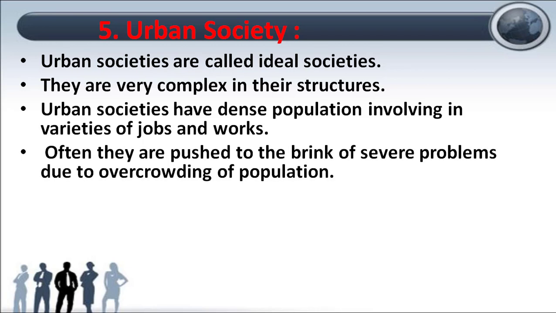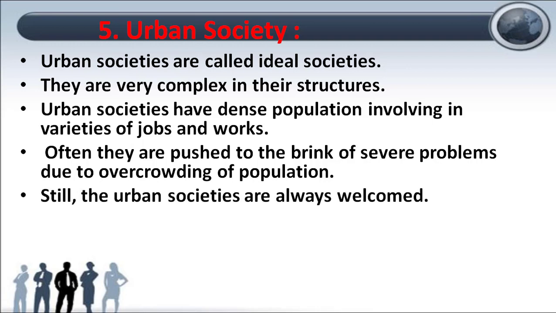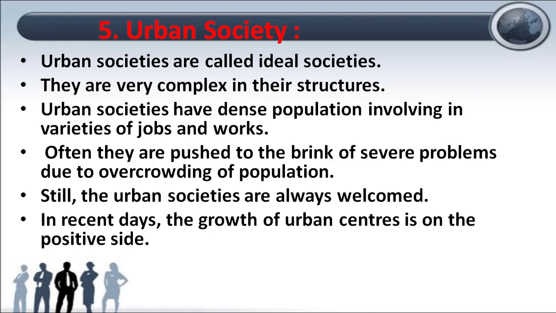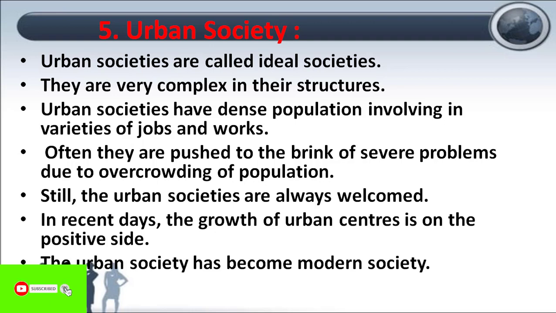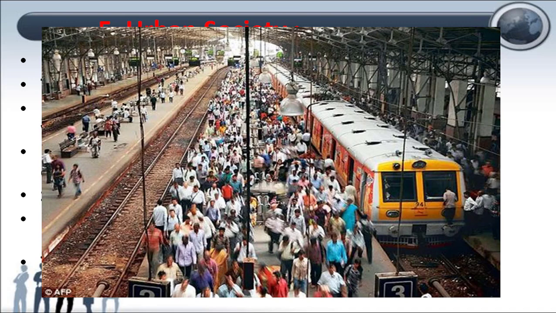Often they are pushed to the brink of severe problems due to overcrowding of population. Still, urban societies are always welcomed. In recent days, the growth of urban centers is one of the positive sides. The urban society has become modern society. Here are the pictures.